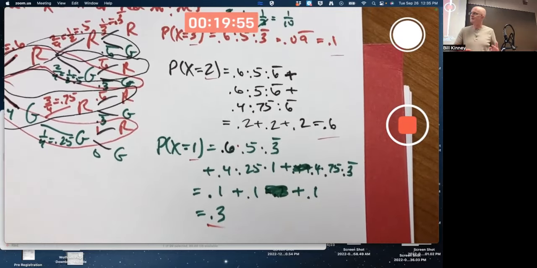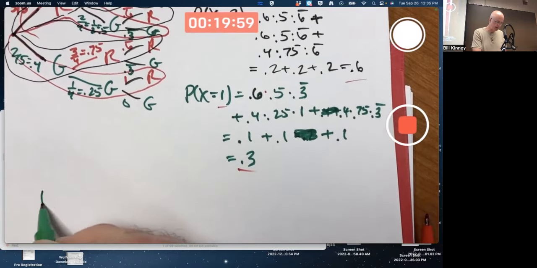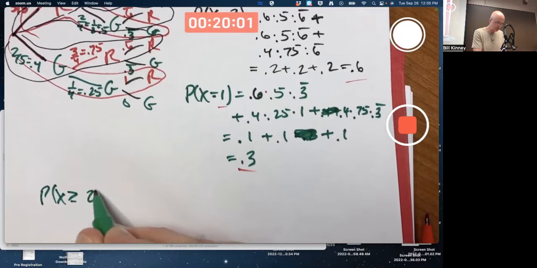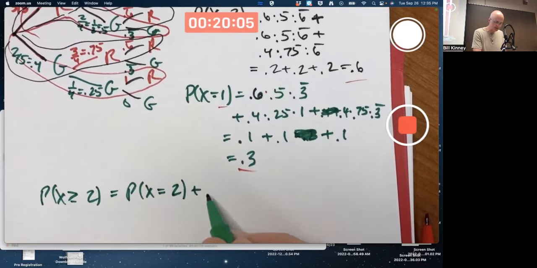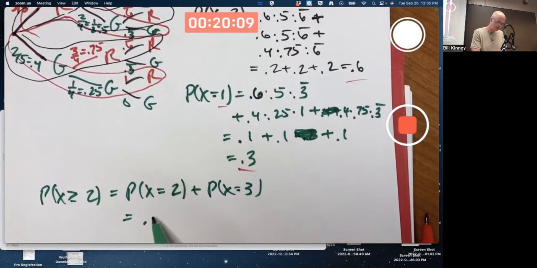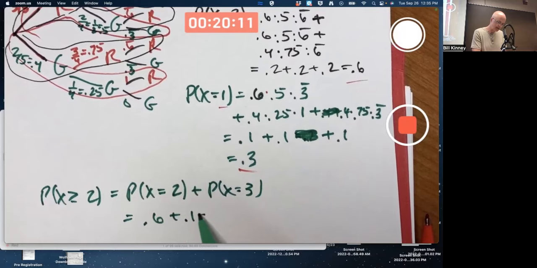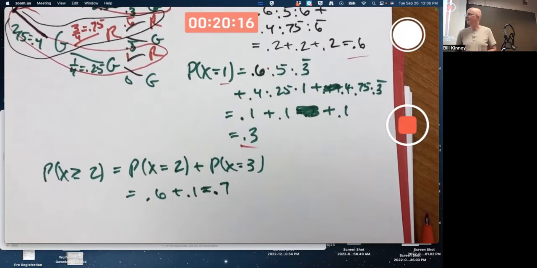You should be able to do those kind of calculations. And then the final answer would be for the probability that x is greater than or equal to 2, it would be, in this situation at least, the probability that x equals 2 plus the probability that x equals 3. 0.6 plus 0.1. You got a 70% chance of getting 2 or more red M&Ms in this situation.